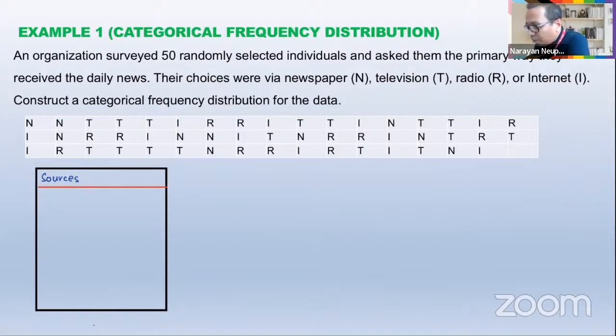We write the sources and we write the frequency. Frequency means number of times something repeats. And here our data is, so we just have to list the different sources, that is newspaper N, we have the television T, radio R, and internet I.